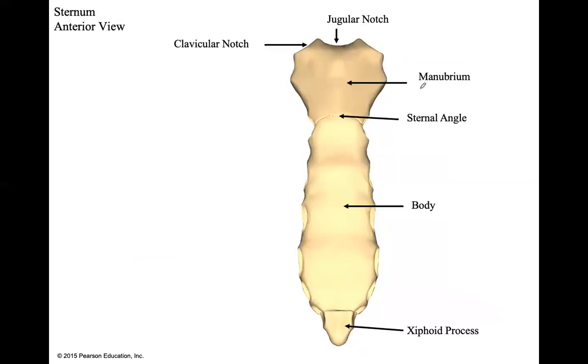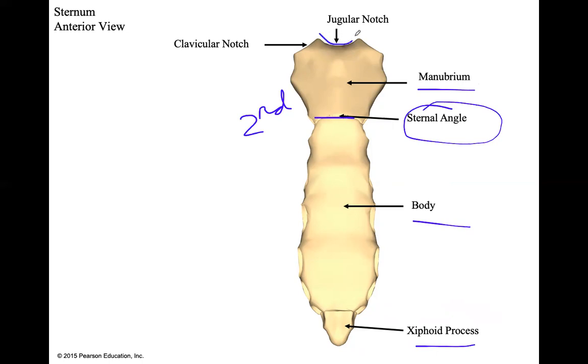Again, we have the manubrium, the body, the xiphoid process, the sternal angle or the angle of Louis, that's this line that's always associated with the second rib. Here's the jugular notch, and here's the clavicular notch. The clavicular notch is where the clavicle articulates to form the sternoclavicular joint.